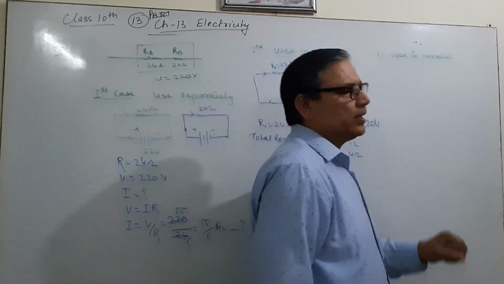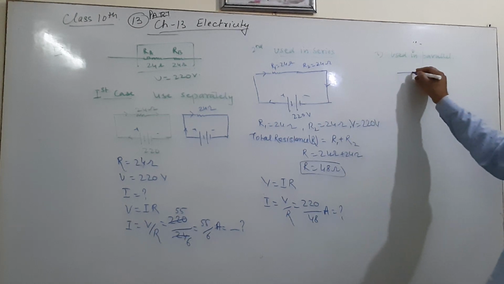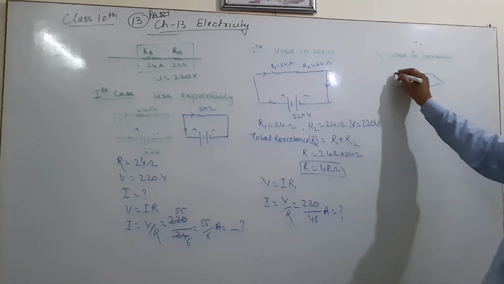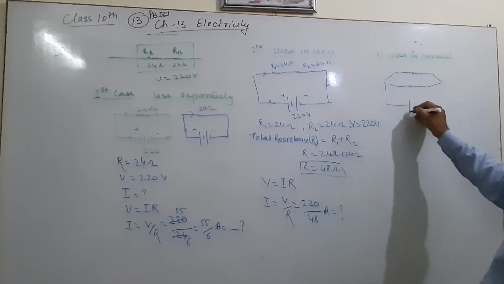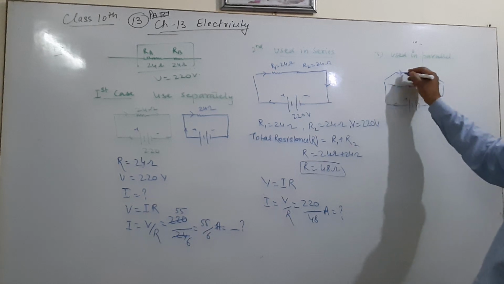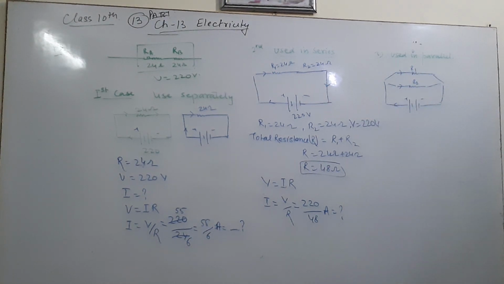Now when they are used in parallel, what will happen? What is your circuit when using parallel? This one and this one are connected in parallel. This will be the current, plus and minus. This is R1, this is R2. You know how we can calculate the total resistance when the resistors are combined in parallel.